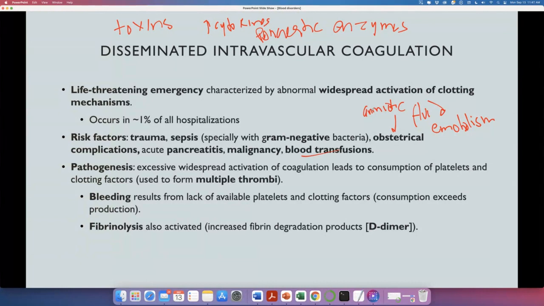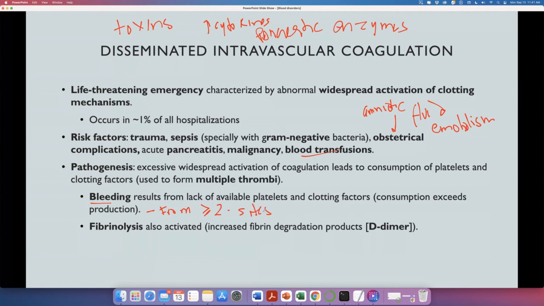So we have a widespread formation of thrombi that consumes platelets and clotting factors to form many thrombi everywhere. So consumption of the platelets and the clotting factors leads to bleeding. Typically, they have bleeding from two or more sites.